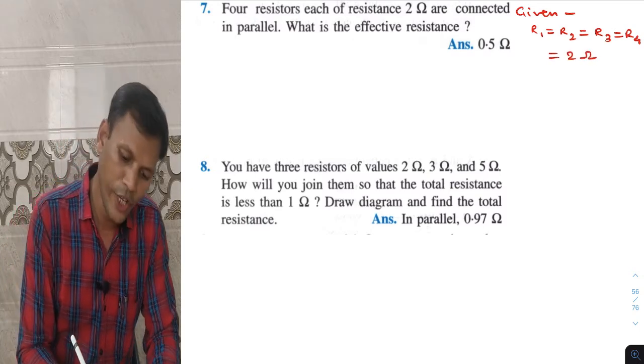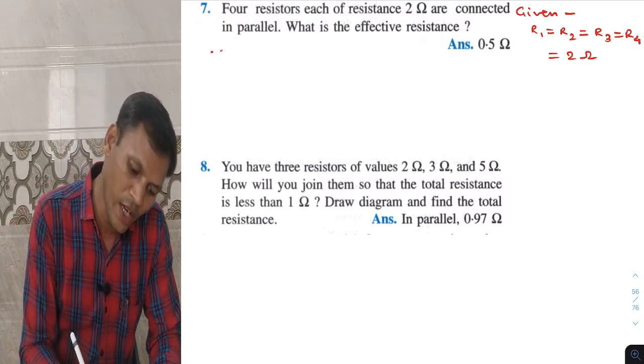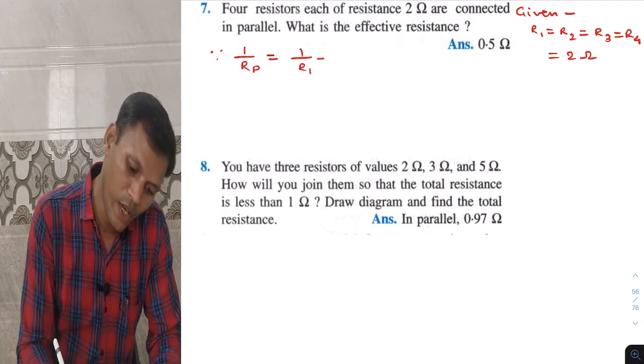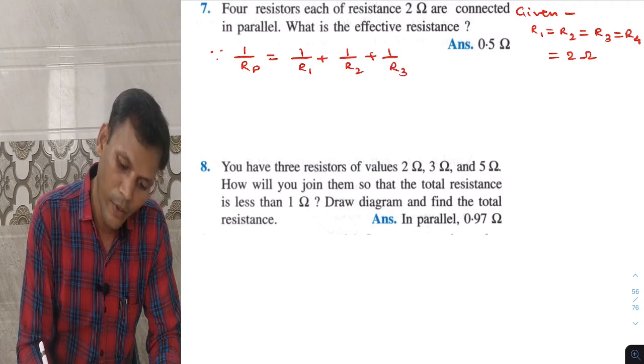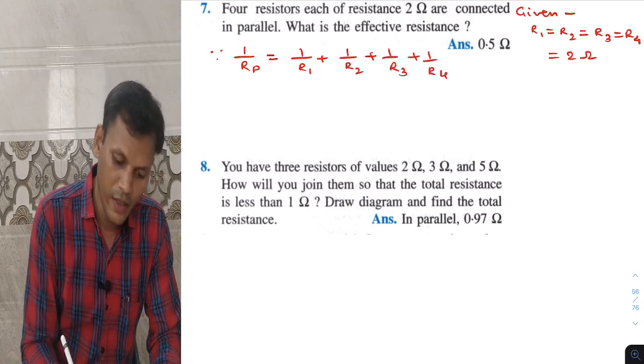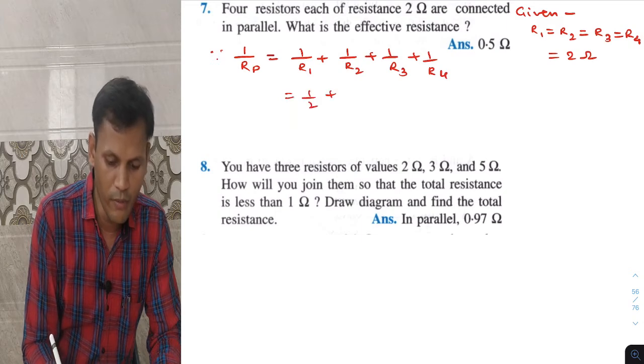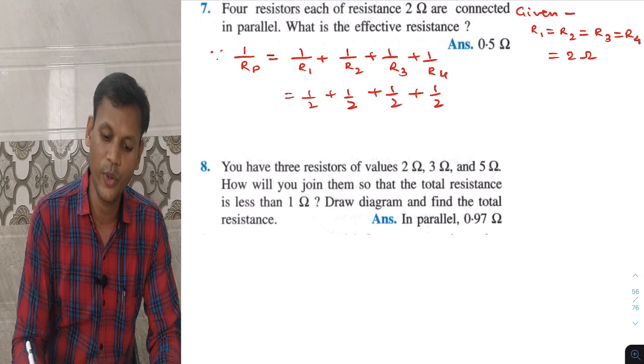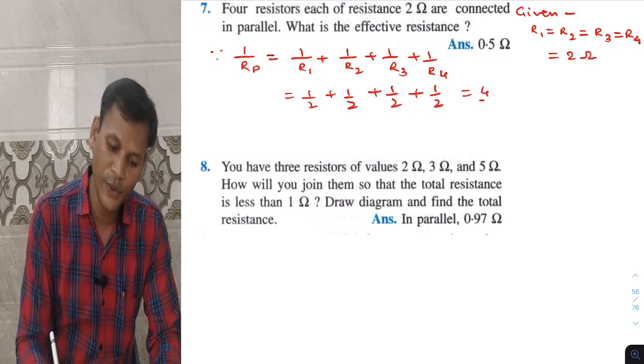It is given. So we know effective resistance means 1 upon Rp is 1 upon R1 plus 1 upon R2 plus 1 upon R3 plus 1 upon R4. That will be 1 by 2 plus 1 by 2 plus 1 by 2 plus 1 by 2, that will be 4 by 2.